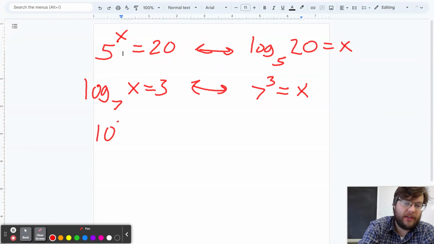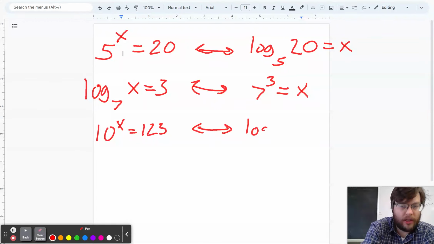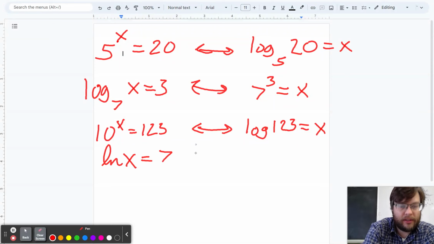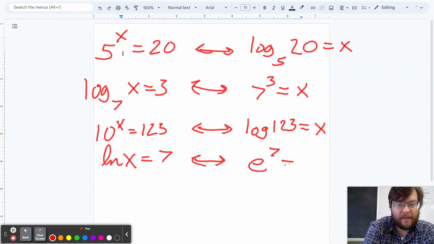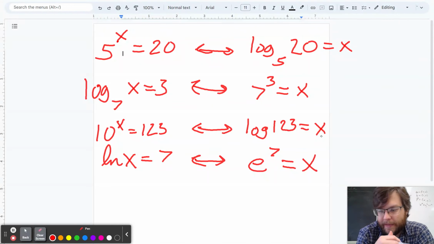If you had 10 to the x equals 123, you can switch that to log of 123 equals x. And if you had the natural log of x is equal to 7, you can switch that to e to the 7 is equal to x.